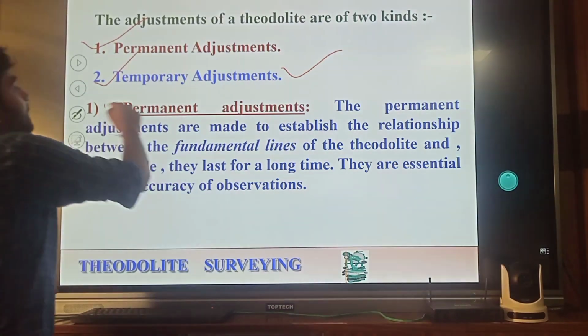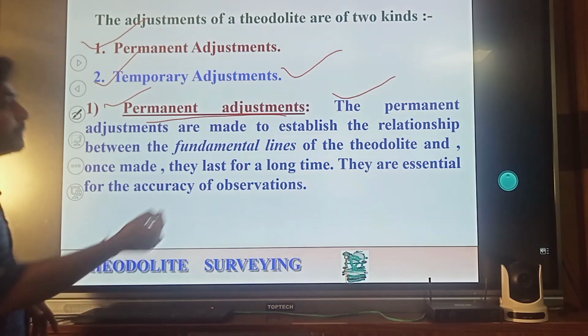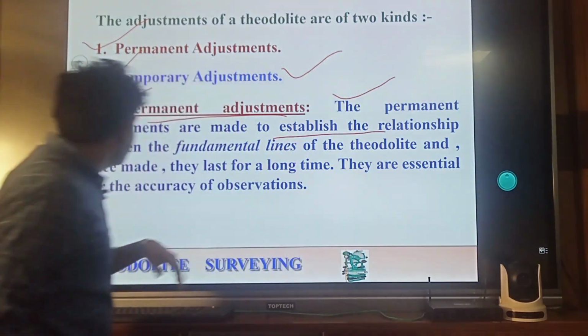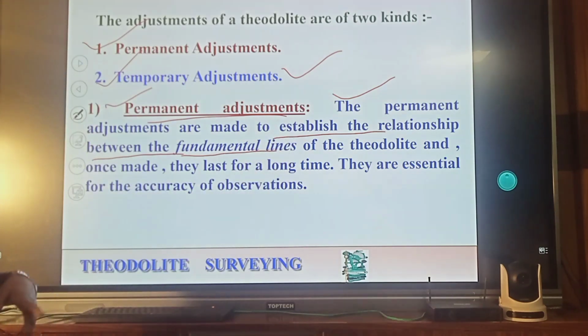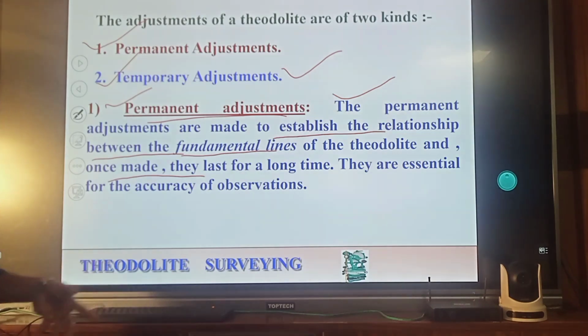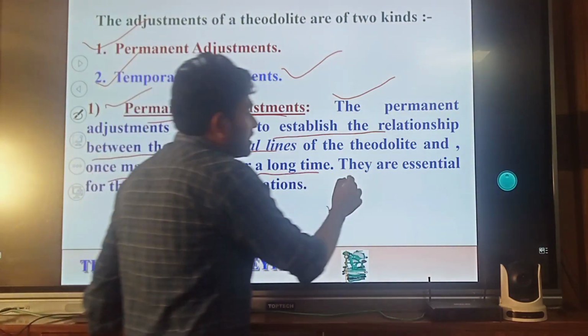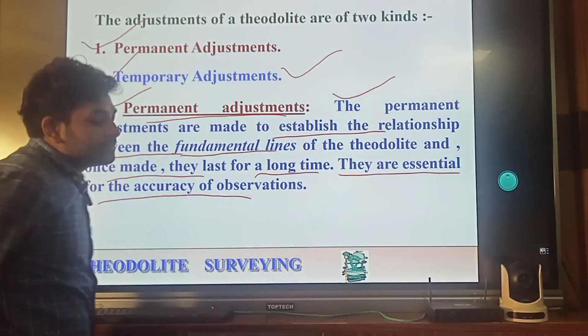Permanent adjustments are made to establish the relationship between the fundamental lines of the theodolite. Once made, they last for a long time, and they are essential for the accuracy of observation.